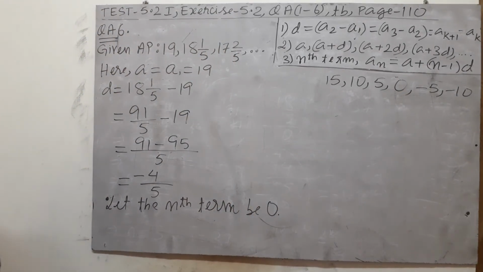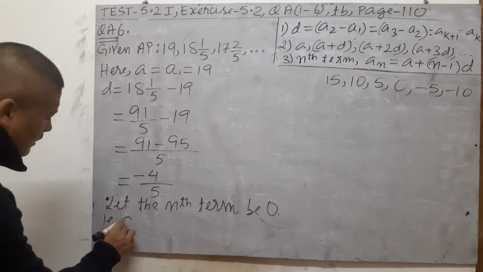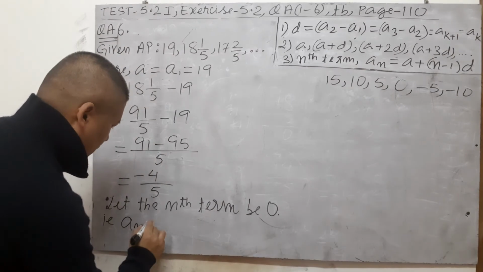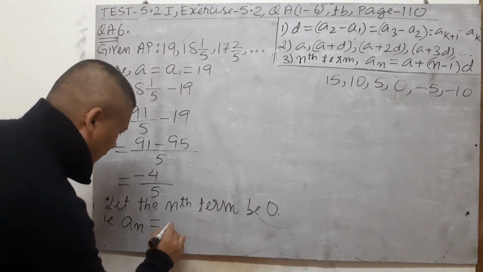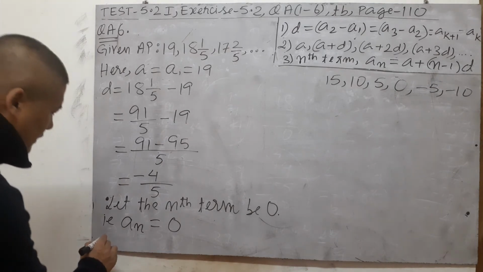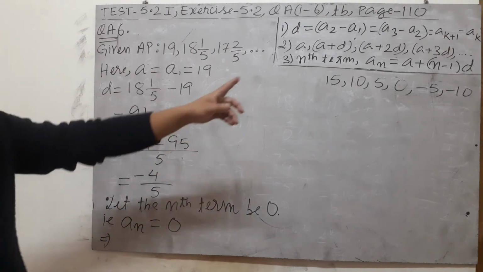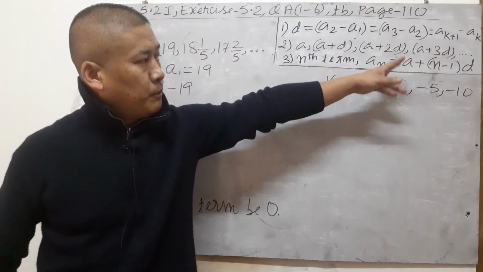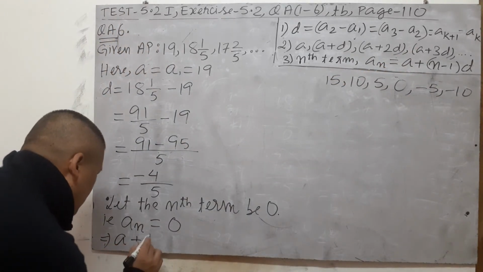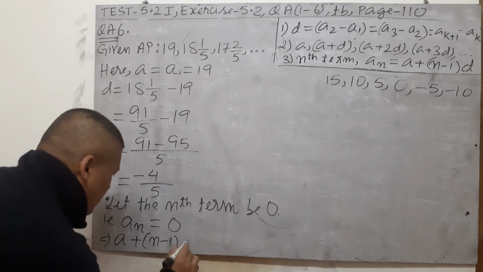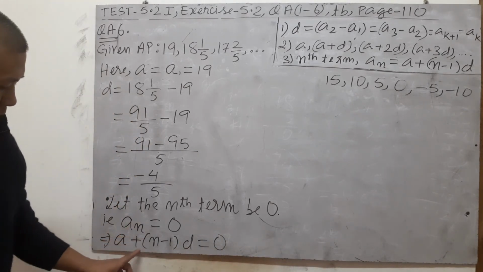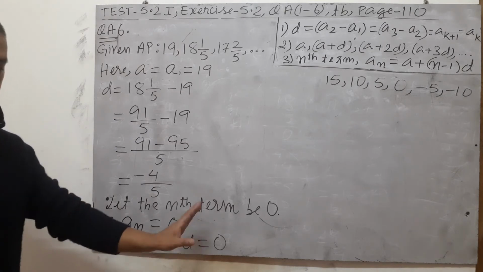Let the nth term be 0. In other words, nth term an is equal to 0. We are taking like that, which means now we can apply the formula an equal to a plus n minus 1 into d. So a plus n minus 1 into d is equal to 0. an replaced by a plus n minus 1 into d equal to 0.